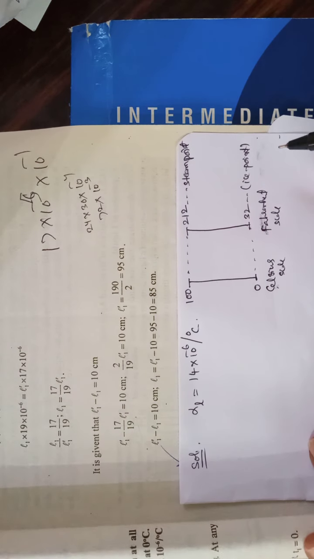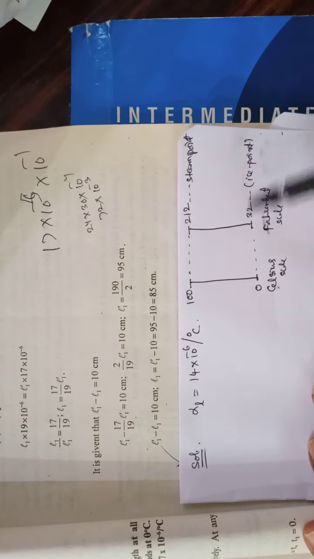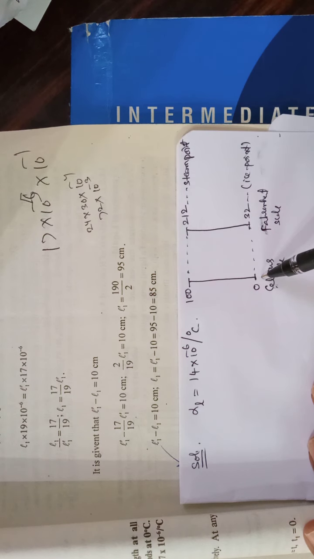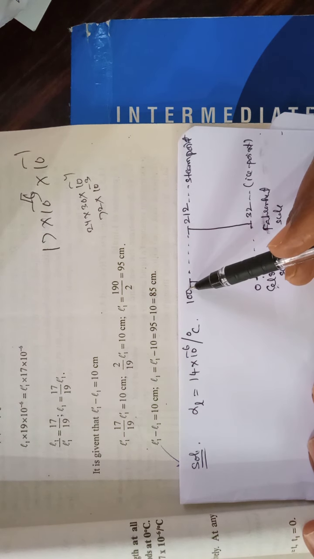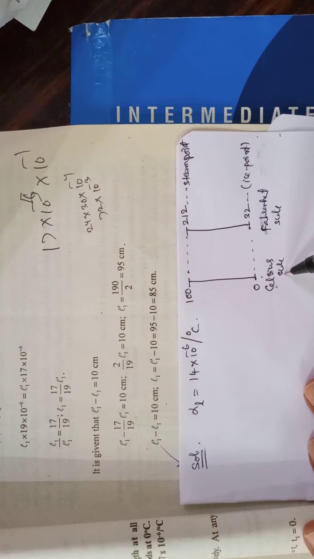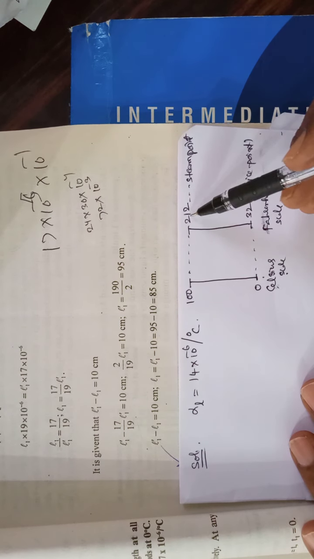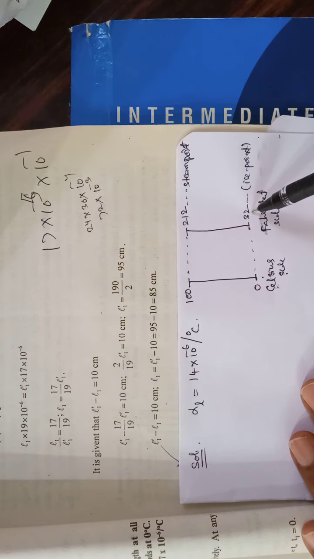This is steam point. See, the distance between the 2 points is divided into 100 equal divisions on Celsius scale, whereas 180 equal divisions on Fahrenheit scale.